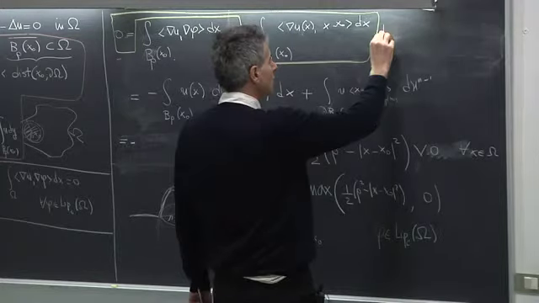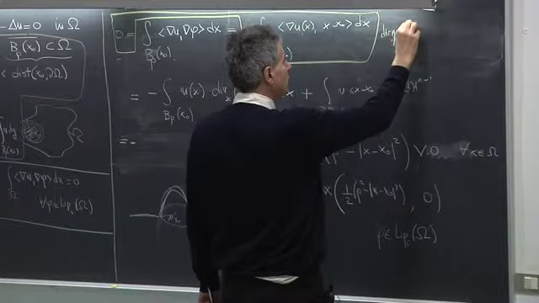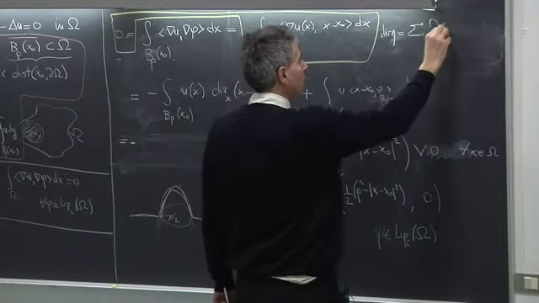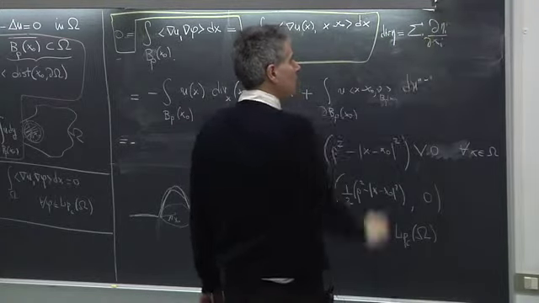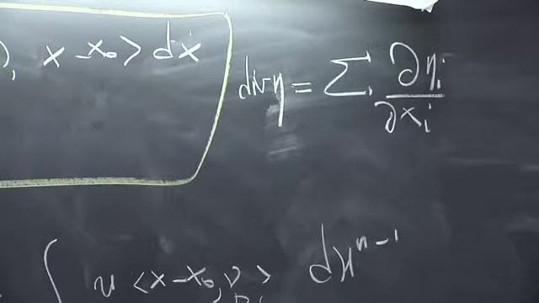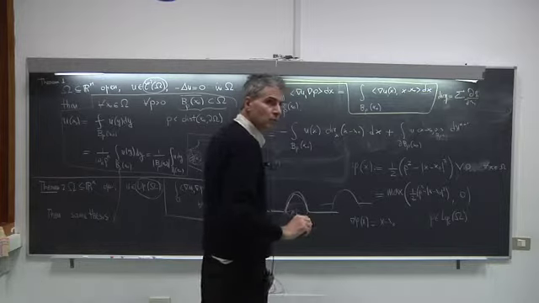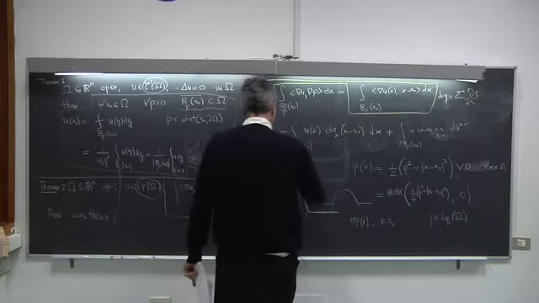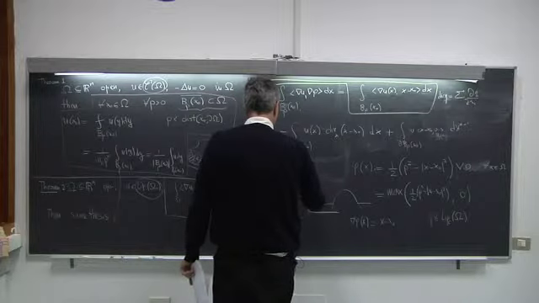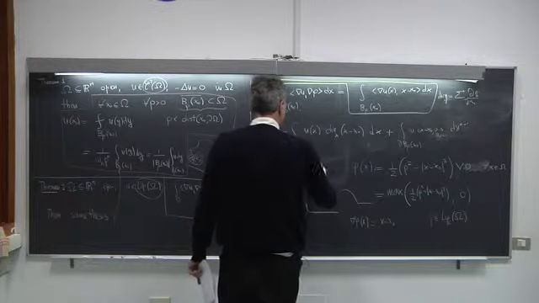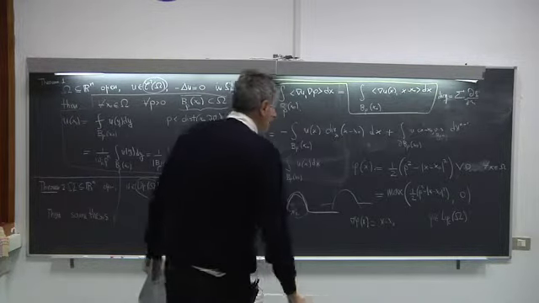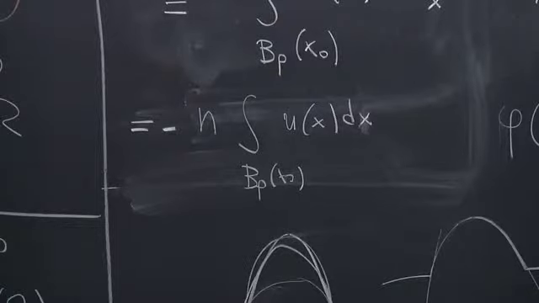Remember, the divergence of any vector field is the sum of the partial derivatives. This is a constant divergence vector field, and it is equal exactly to the dimension n. So minus n integral over B rho of x naught of u of x dx. And then I also have that quantity there.